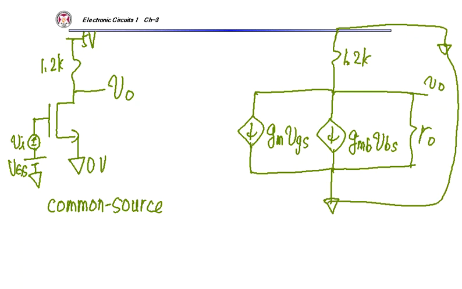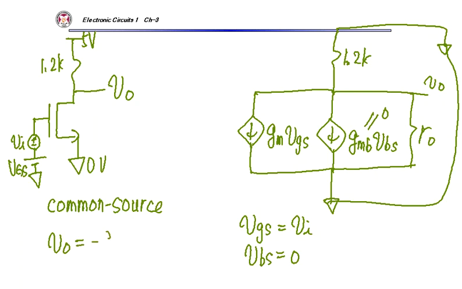So they are connected together, right? So here my VGS equals my input voltage, my VBS equals 0. So this is open circuited. So my VO should be minus gm VI times 1.2K times ro. My ro is pretty large. How large?